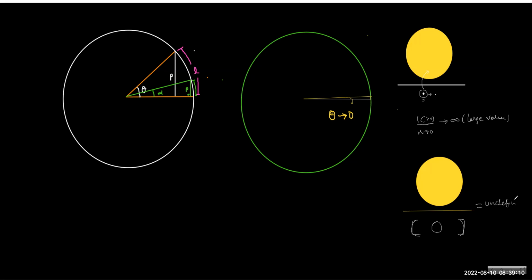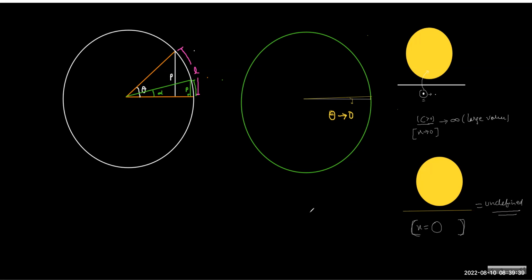Undefined. So something as good as 0 is defined, but something exactly 0 is undefined. Do you realize the difference between these two? Nothing cannot create something, but something which is very small can create something very large. I just need to replicate more number of times. That's it.